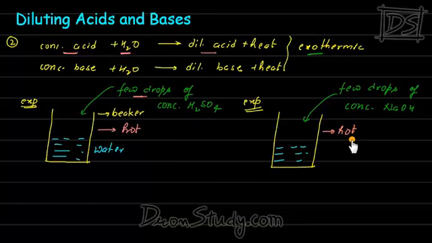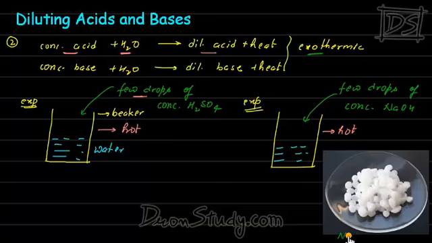Now you can do one more thing here. See this image. This is actually an NaOH pellet. I have already said that NaOH is found solid at room temperature. So this is the solid form of NaOH, generally known as an NaOH pellet. When this NaOH is dissolved in water, it gives out hydroxide ions.